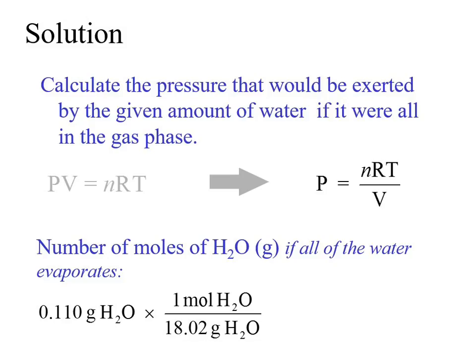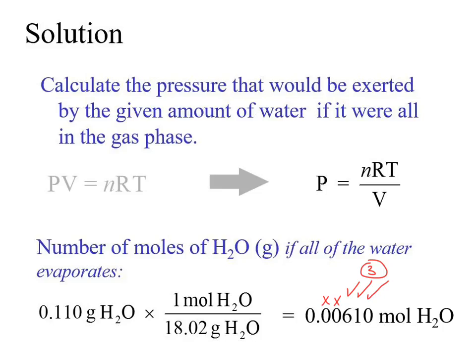We get moles of H2O. In Chem 2, you're going to have to keep track of your sig figs, allowing for 3 significant figures: 0.00610 moles of H2O. That's going to be our n. Remember, to get 3 significant figures we keep one of those trailing zeros after the decimal. Just the other day we were talking about that, right? So that's our n term.